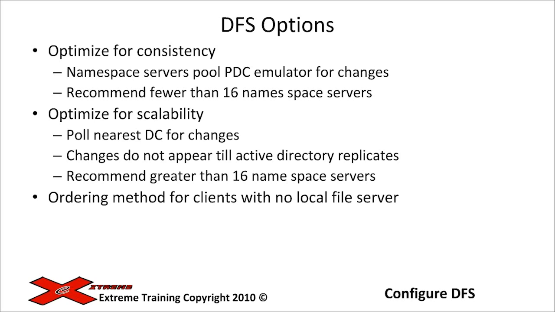This can be done in a random order. You can also set server selection based on the lowest network cost. When you set up sites, you can set up a cost associated with the link. DFS will follow the links and add up the cost and use the path with the lowest cost.